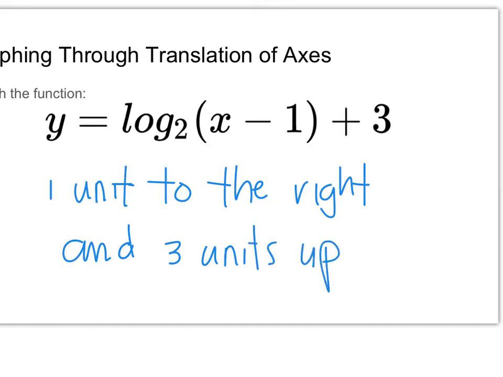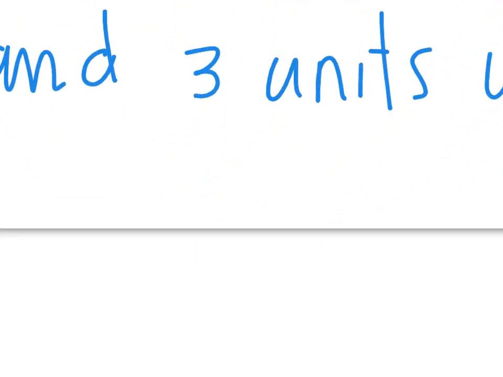But first, we need to identify where the graph is based. The graph is based on log base 2 of x. So let's review, how do we graph log base 2 of x?